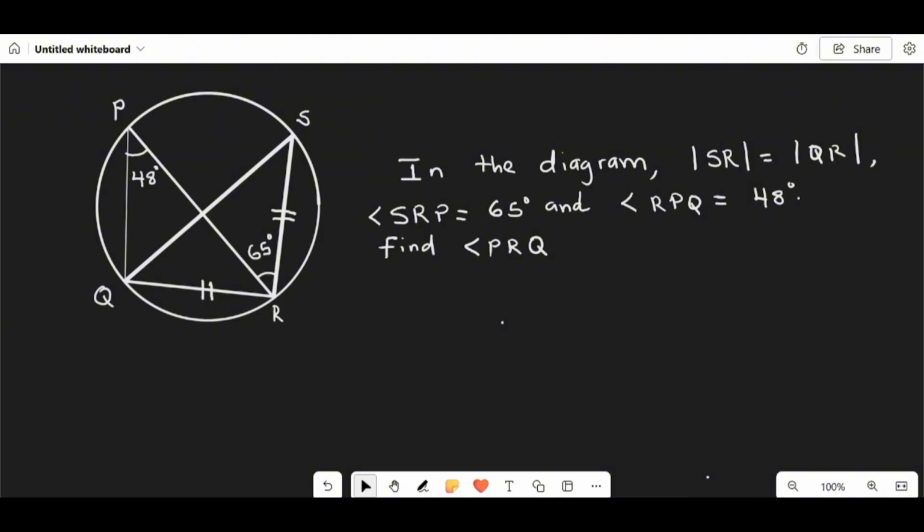In the diagram, line XR is equal to line QR.